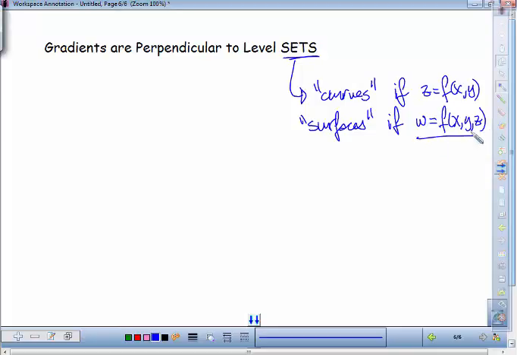That means if I have a function w is equal to, and I'll try to keep this simple, x squared plus y squared plus z squared.